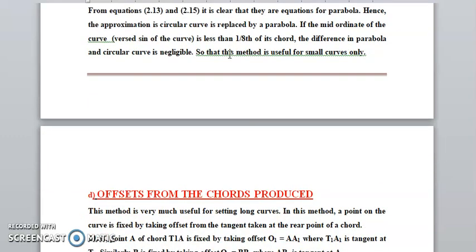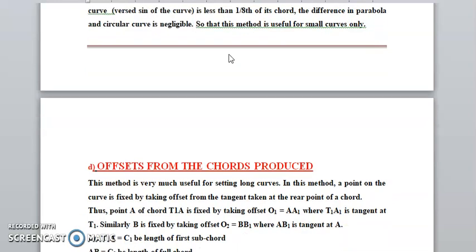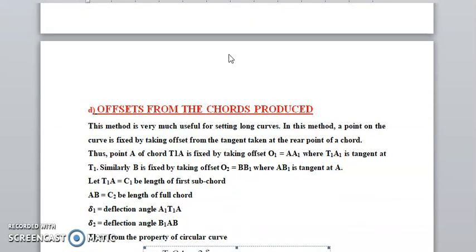Another one: offset from the chord produced. This method is very much useful for long curves. In this method, points on the curve are located by taking offsets from the chord produced from the rear point of the curve.